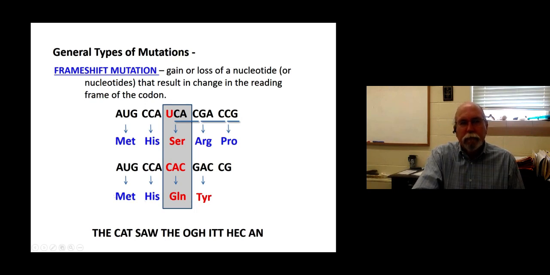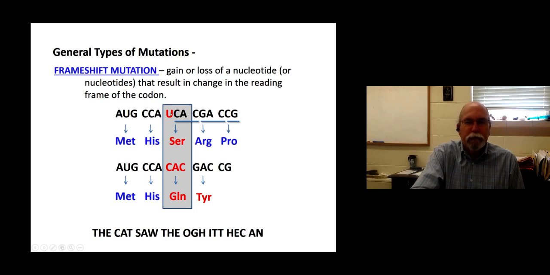When you have a frame shift, very often what's going to happen is that somewhere down the line, you're going to grab three of these nucleotides that represent a termination codon. It's not supposed to be there. So you not only get a problem for the rest of the protein as far as the amino acids that are supposed to be there, you also often end up with a shortened protein. Okay, and this can occur from either losing a nucleotide or two or gaining a nucleotide or two.